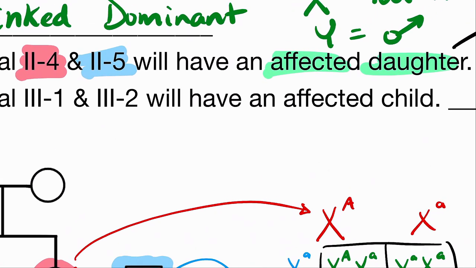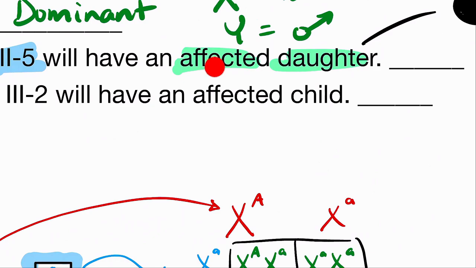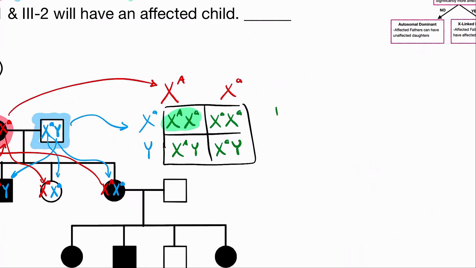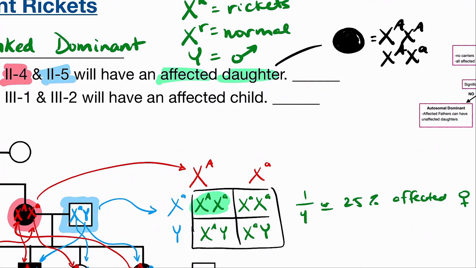And what are we looking for? An affected daughter, so an affected female, and that affected female would be there. So it looks like there's only a 1 out of 4, or a 25% chance of an affected daughter.